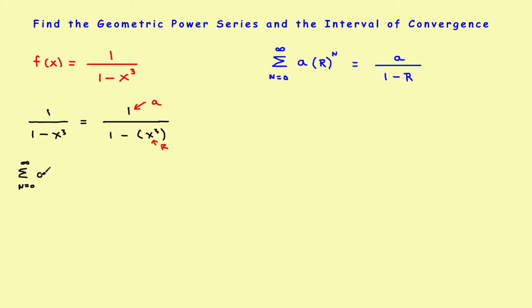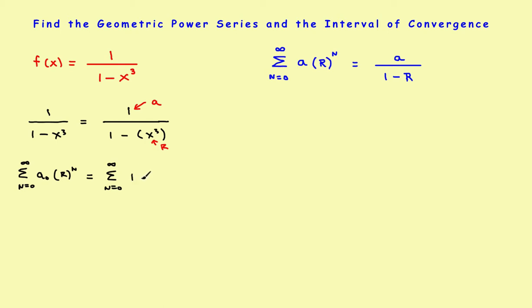And I like to start by just writing the original rule. So a sub 0 times the common ratio raised to the n power. So what that's going to give me is the summation as n goes from 0 to infinity. And in place of a sub 0, put a 1.